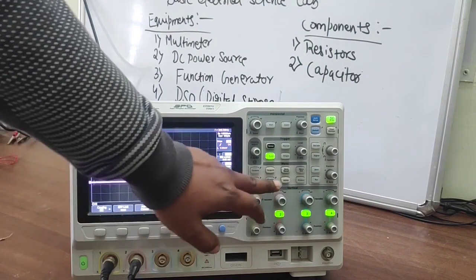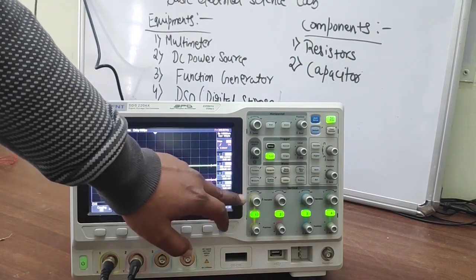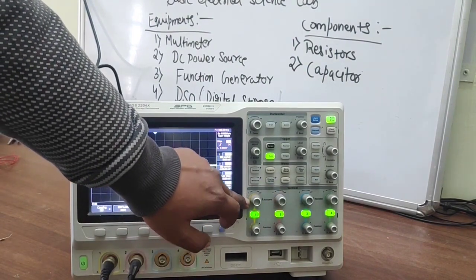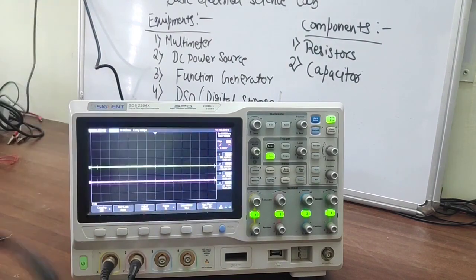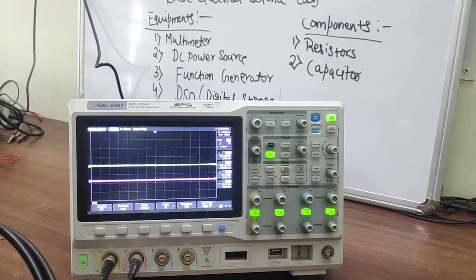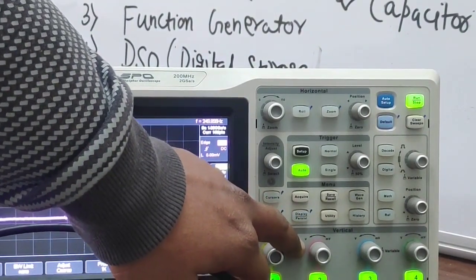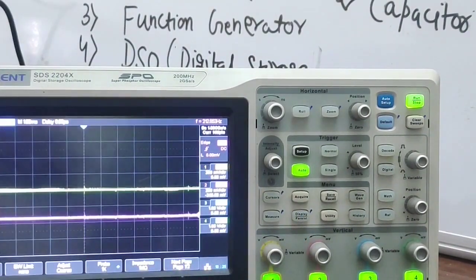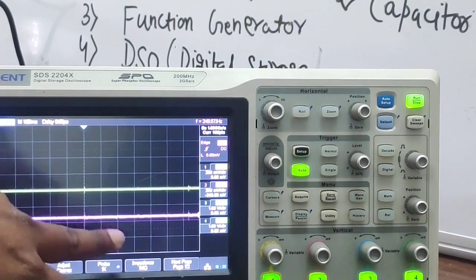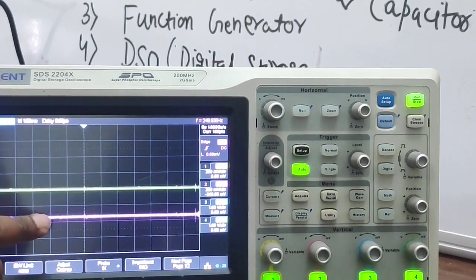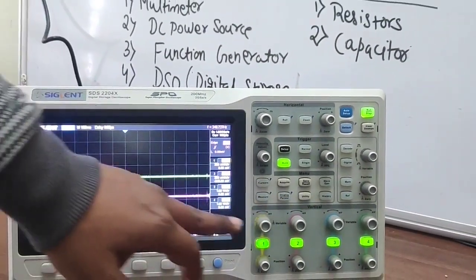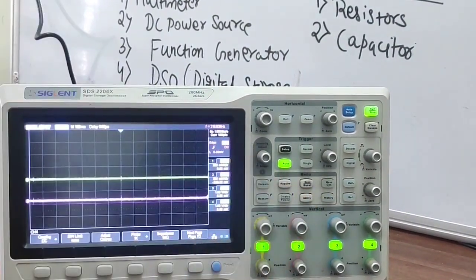The color is present here only. The first one, you can see a very small yellow color is present there. Similarly, at the second one, a pink color is there. So my first channel output would be shown in yellow, the second in pink. Similarly, other colors are there for the two other channels.